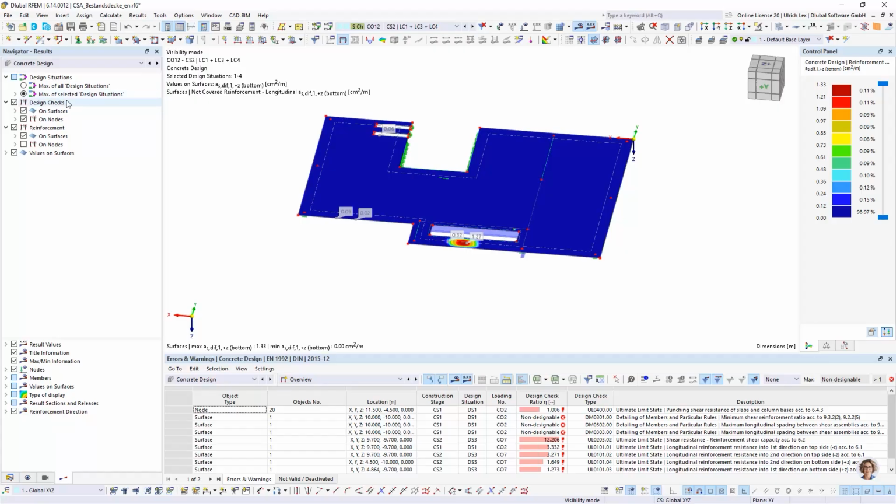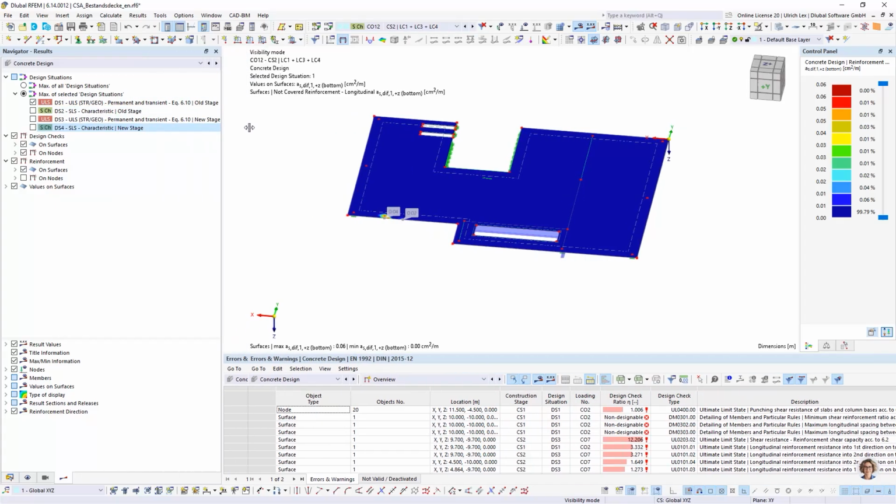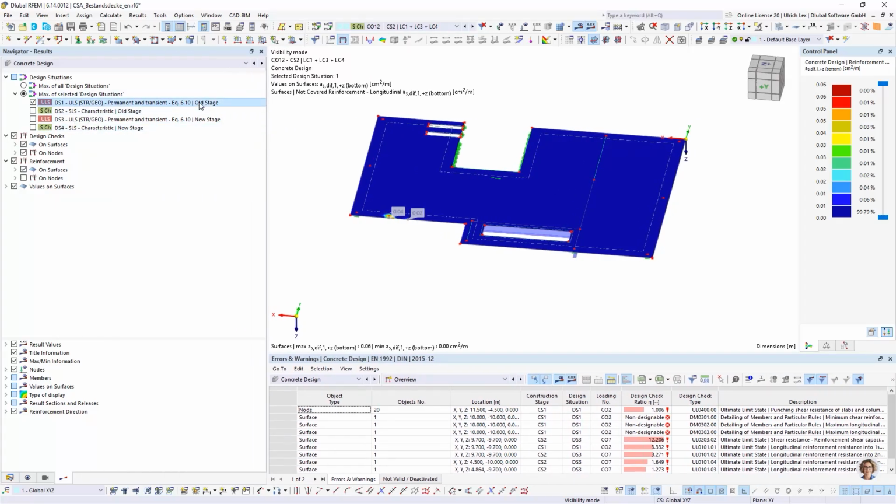By default is here checked on the maximum of all of selected design situations. Here I can maybe deselect these design situations, and I want to take a look only at the stage 1, at the old stage.